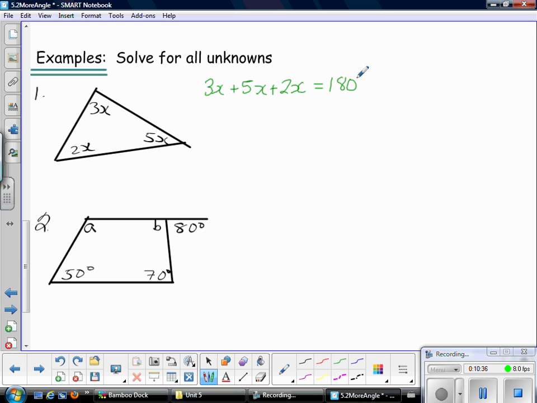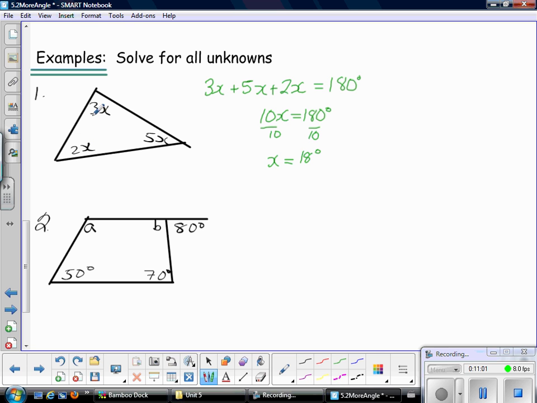So even though we're in degrees, we can still solve this. So we have 10x equals 180 degrees. Divide both sides by 10, and we end up that x equals 18 degrees. So I solved the unknown x is 18 degrees.